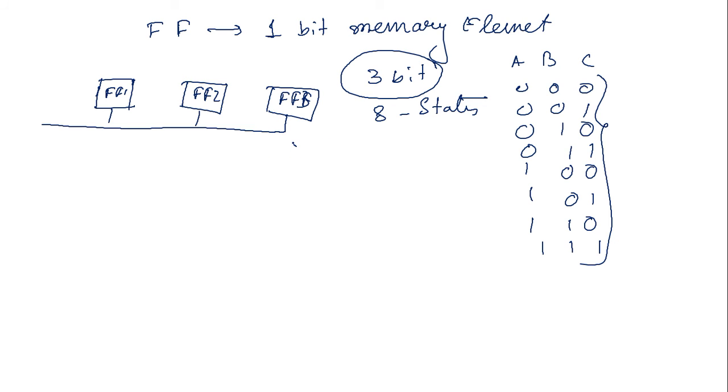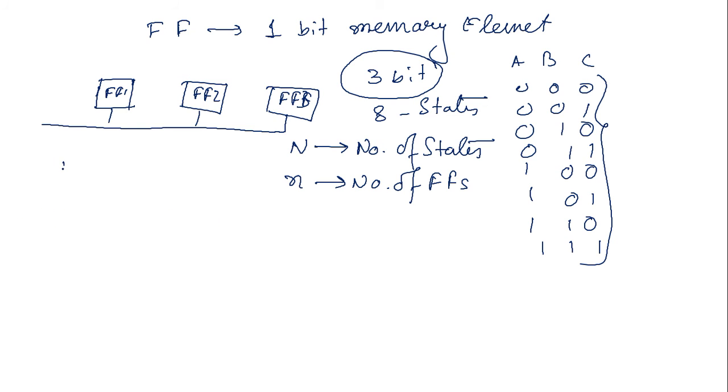Let capital N be the number of states, and small n be the number of flip-flops. So how many flip-flops are required to count 8 states? The relation between the number of states and the number of flip-flops is N equals 2 to the power n.